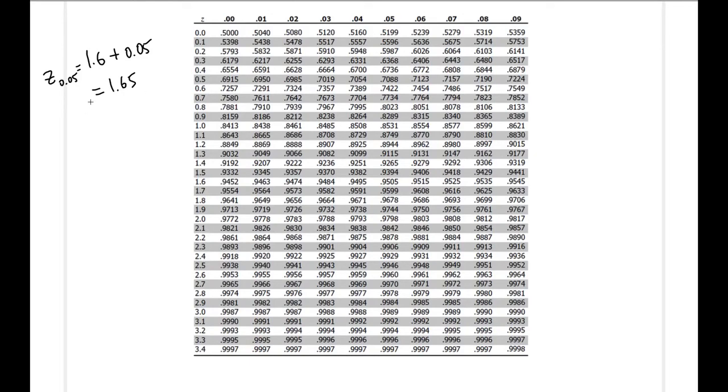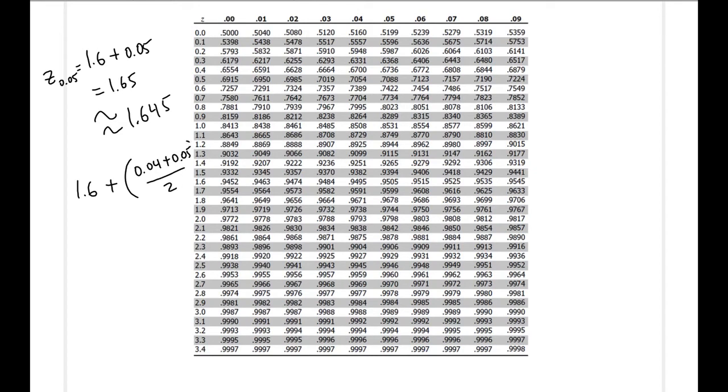So as a result, it should be 1.645, right? That would be, as you can see, 0.045 is going to be the average between these two, and we added on top of 1.6. So once again, it is going to be 1.6 plus the average of these two values.